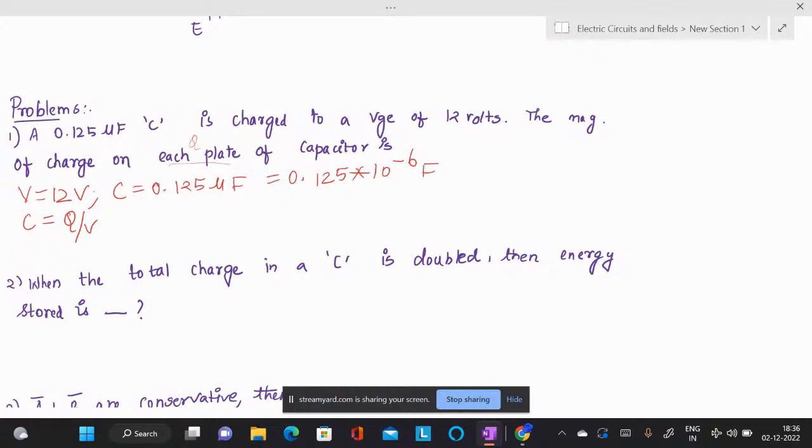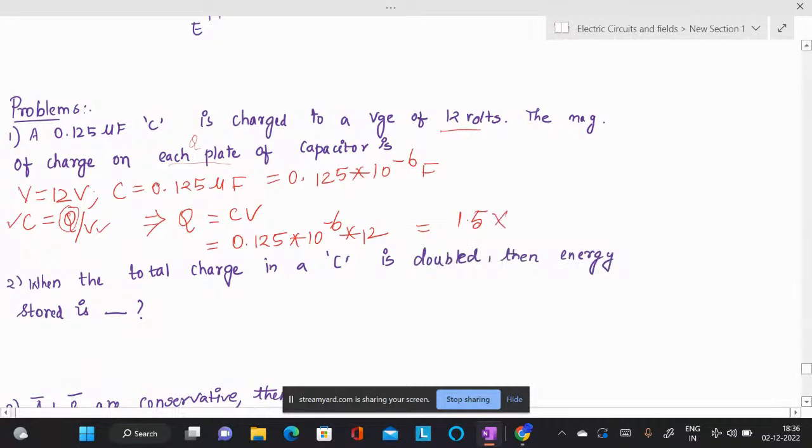Here we need to find the value of charge, provided we know the capacitance and voltage. So from this it is directly Q equal to CV, that is 0.125 into 10 to the power minus 6 into 12 volt, which will give you the answer of 1.5 into 10 to the power minus 6.